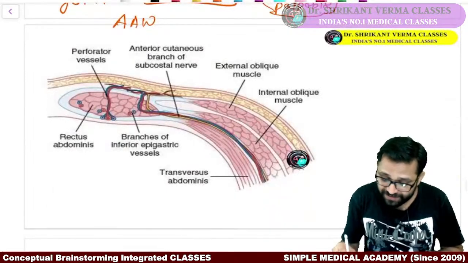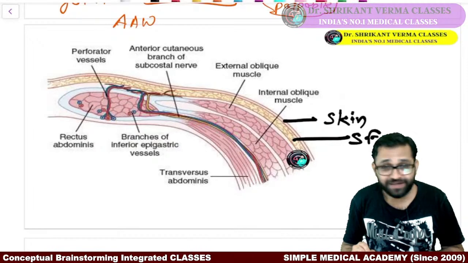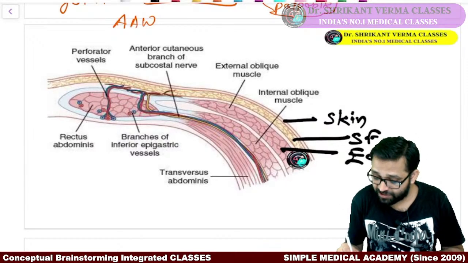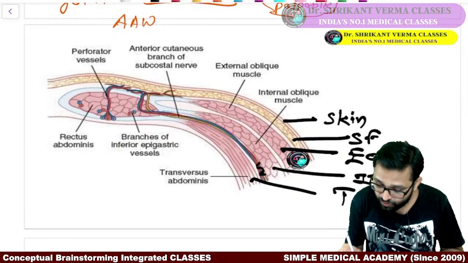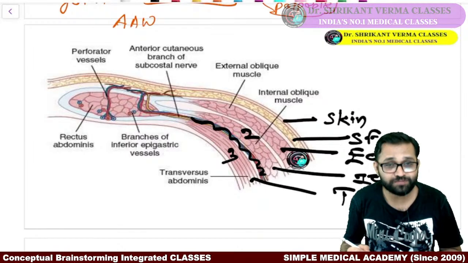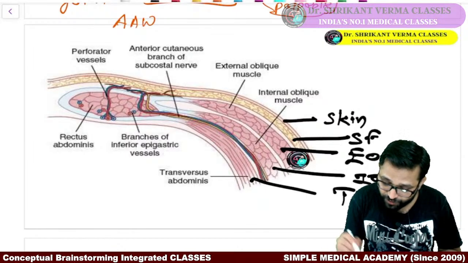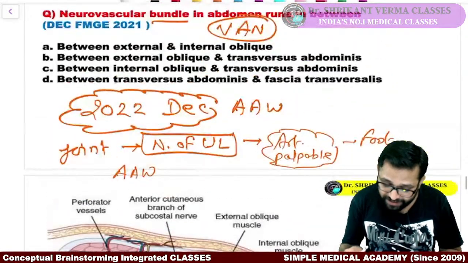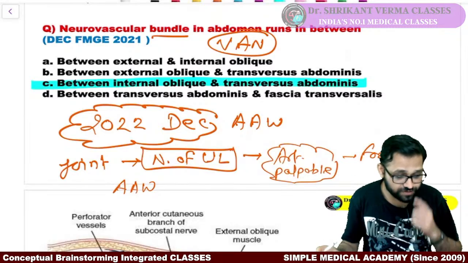Here you will see the skin, then the superficial fascia, deep fascia is absent, then the external oblique, the internal oblique, and the transversus abdominis. You can see this neurovascular bundle running between the second and third layer of muscle, between internal oblique and transversus abdominis. So your answer is internal oblique and transversus abdominis.